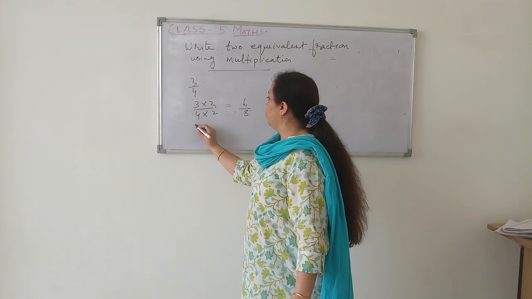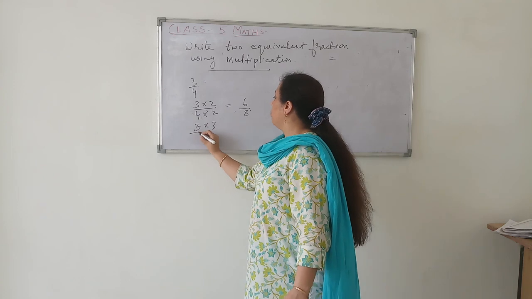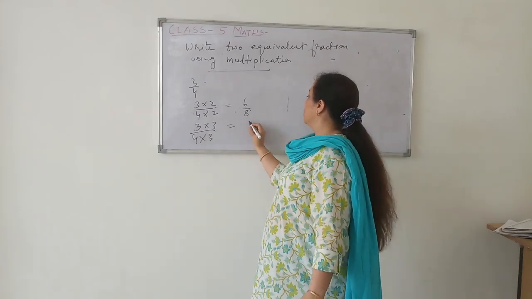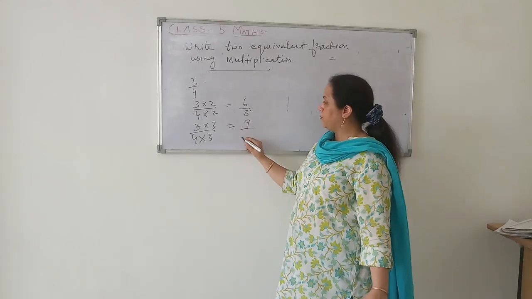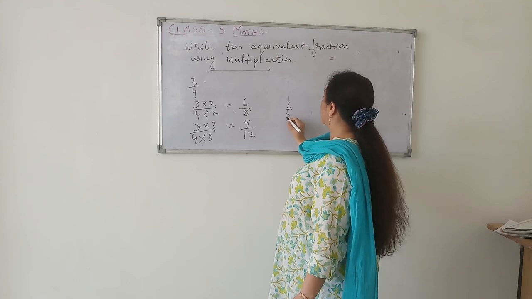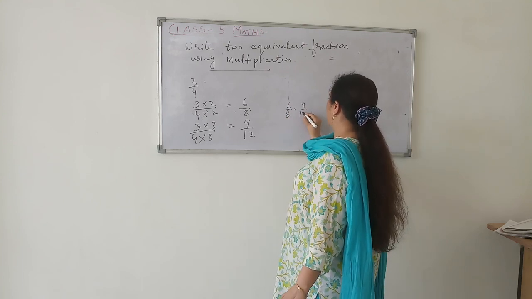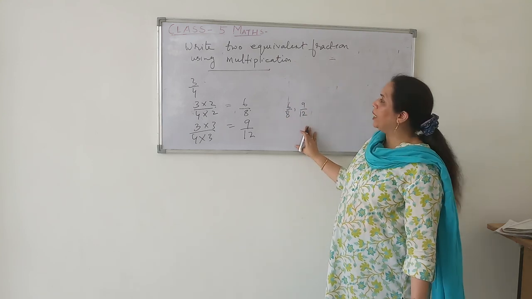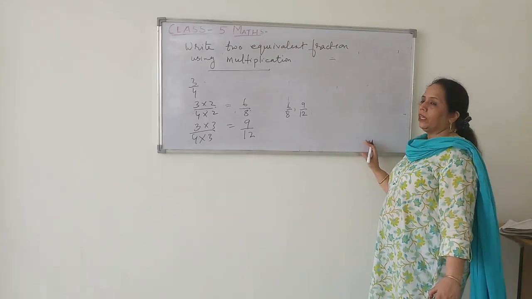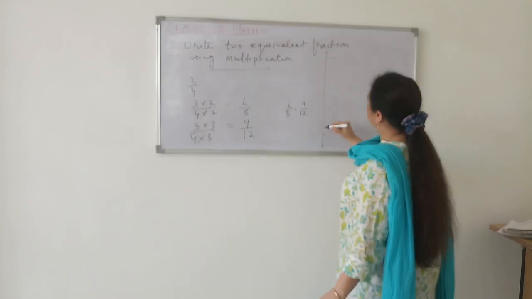Then for the next fraction we will make 3 into 3 upon 4 into 3, that is 3 3s are 9 and 4 3s are 12. Now the answer will be 6 upon 8 and 9 upon 12. These two fractions we have made from the multiplication. In the same way, we can do the next question.